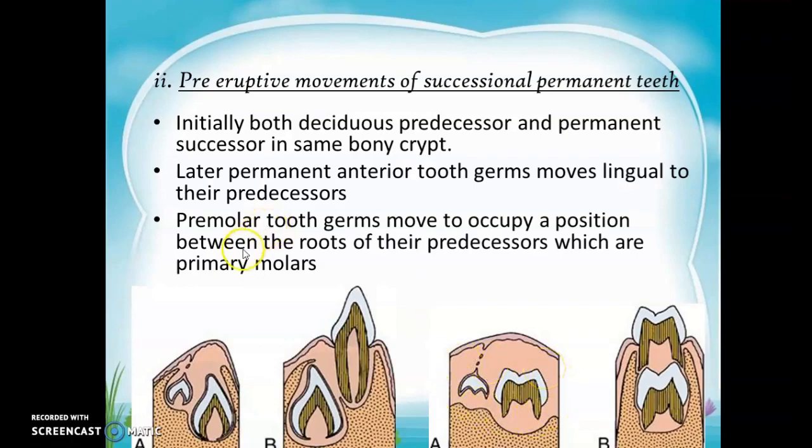Later, permanent anterior tooth germs move lingual to their predecessors and the premolar tooth germs move to occupy a position between the roots of the primary molars, as you can see in this image.